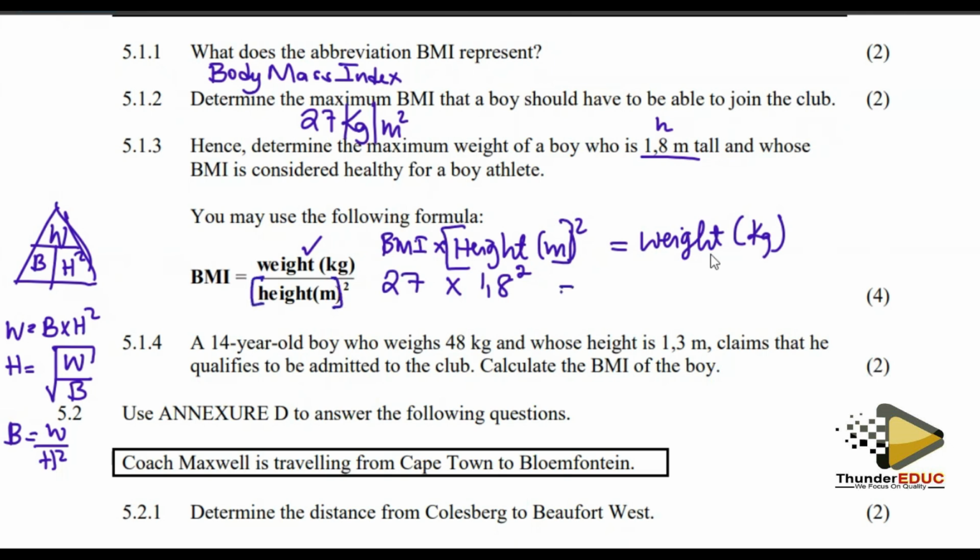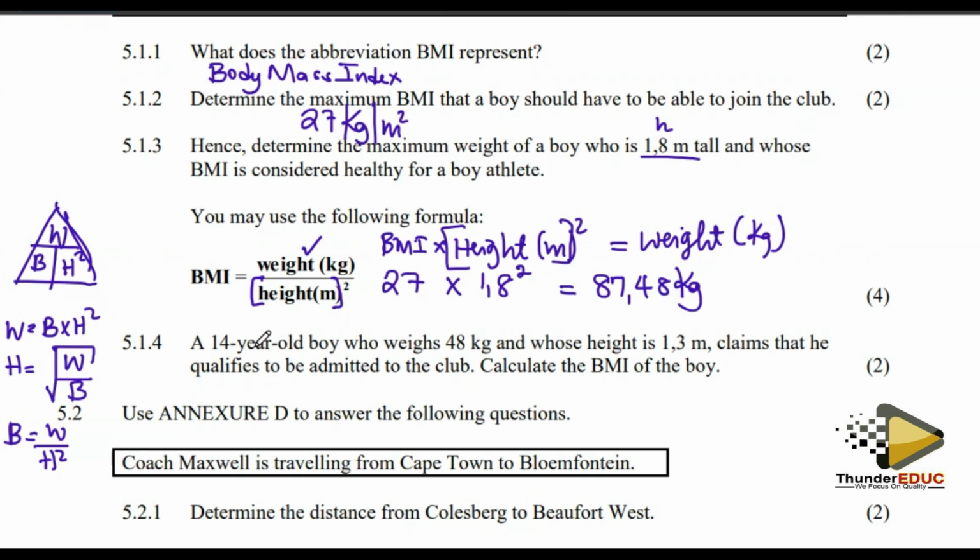So you get the answer as 27 times 1,8 squared. You have your weight as 87,48 kilograms.